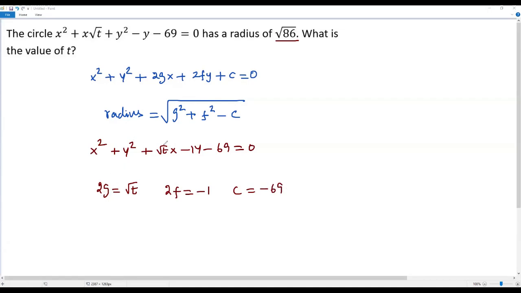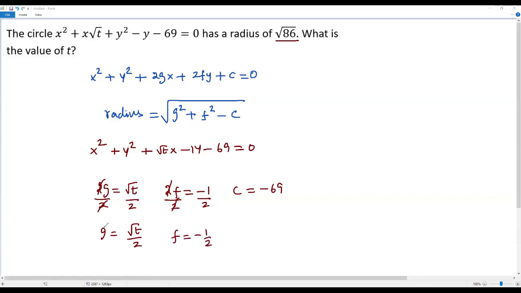Now we need g, so to get g I divide both sides by 2. Then this 2 will cancel, and I'm getting g = √t / 2. And also I need f, so let me divide both sides by 2. Then this 2 will cancel out, and I'm getting f = −1/2.